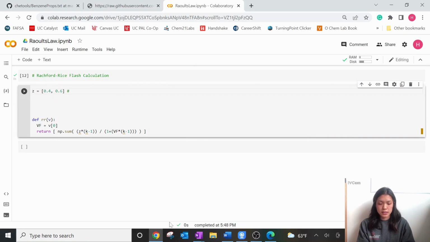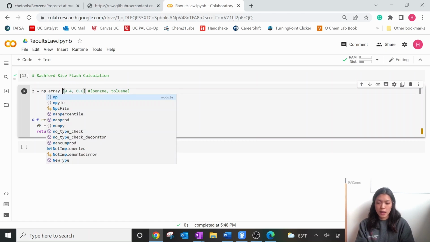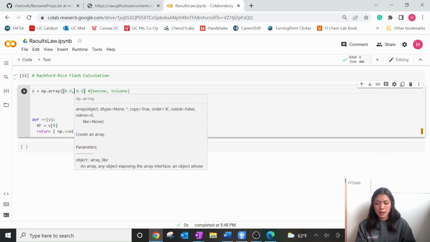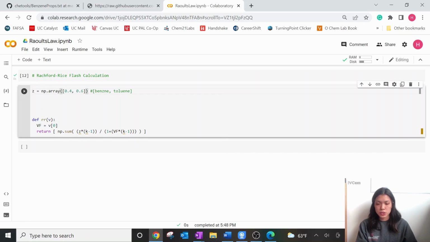And so that is our feed mole fraction established, except it's a list. And so what we have to do is we have to use numpy again, np.array, and that will put this information into an array form.